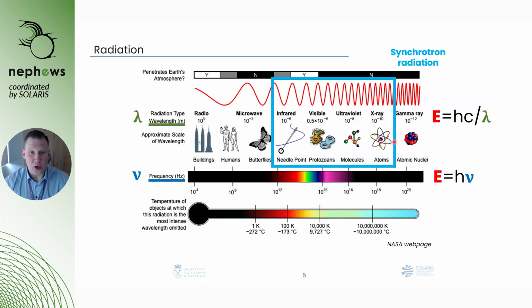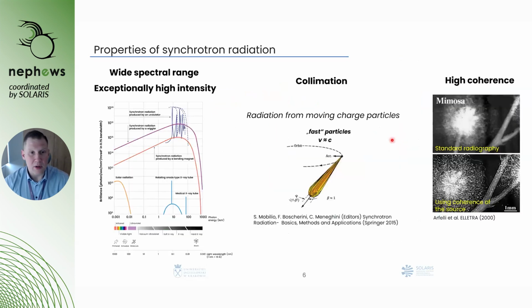And using this synchrotron radiation, we can investigate the structure of a material of our samples on the level of molecules or atoms. And we can do it very precisely because of the unique properties of synchrotron radiation, such as, as we already discussed, a wide spectral range, which lies from infrared to hard X-rays.